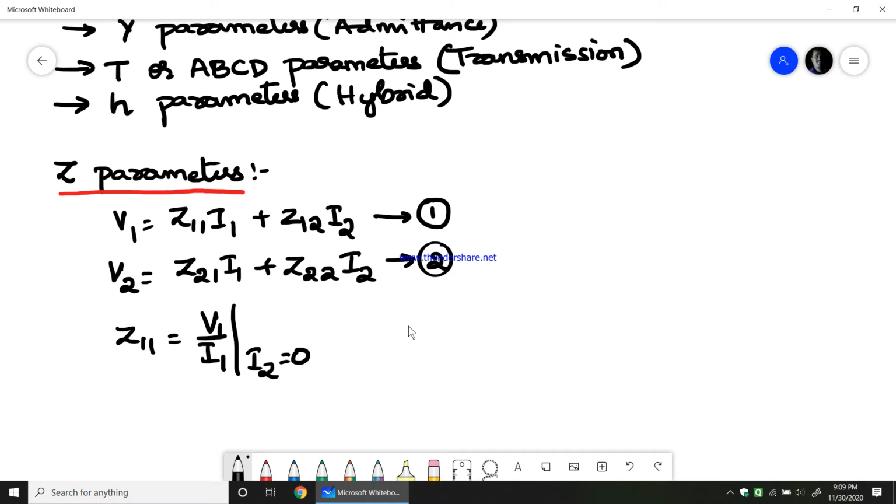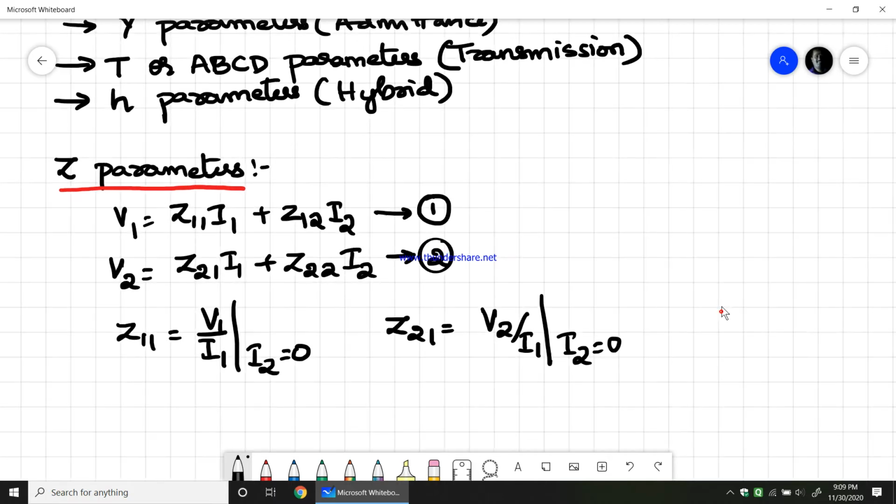Similarly, in equation 2, you get Z21 equals V2 by I1 when I2 equals 0. When you make I2 equal 0, you get V2 by I1, which is equal to Z21.